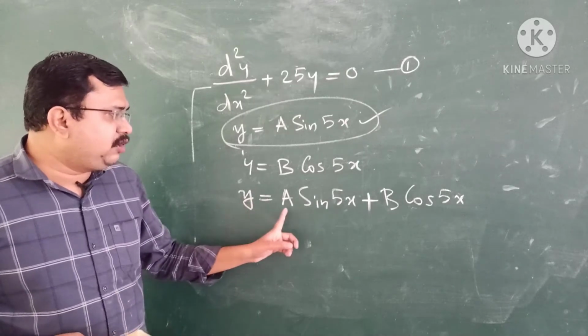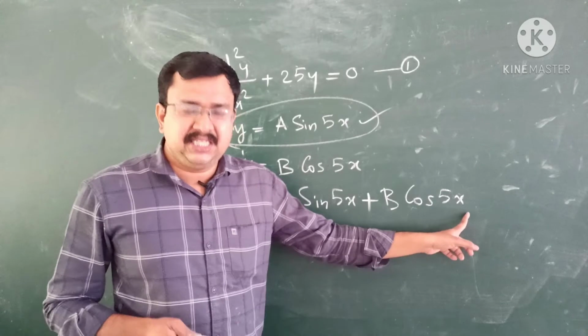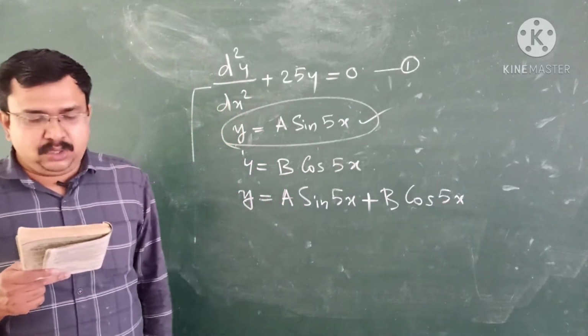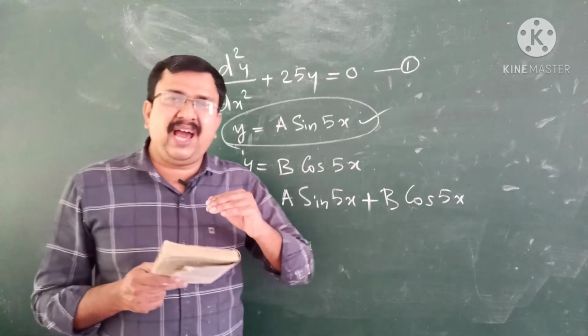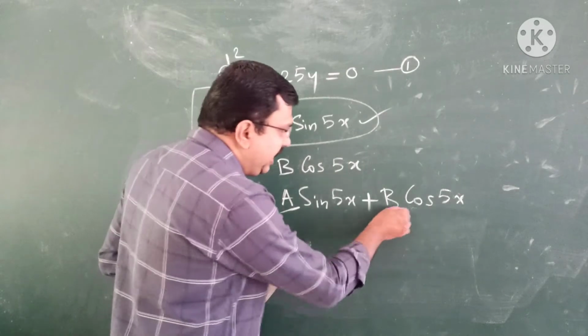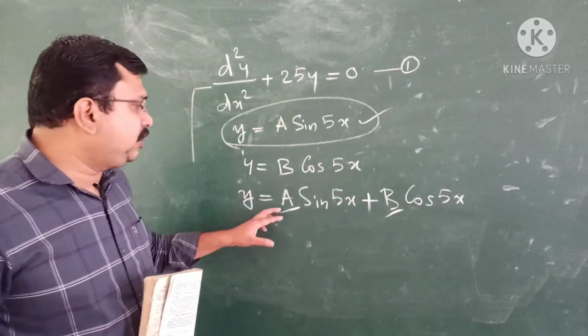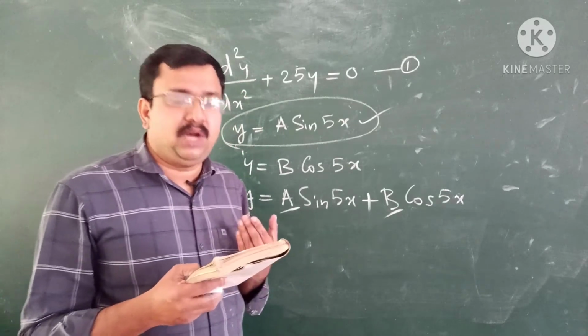Here y equal to a sin 5x plus b cos 5x is a general solution. Here the constants are a and b. We are giving particular values to the constants. Then we will obtain a particular solution.